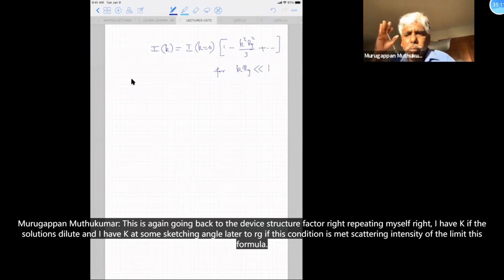This is again going back to the Debye structure factor. I'm repeating myself: if the solution is dilute and this condition is met, the scattering intensity is given by this formula.